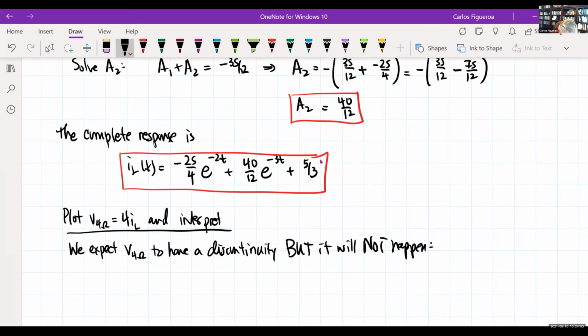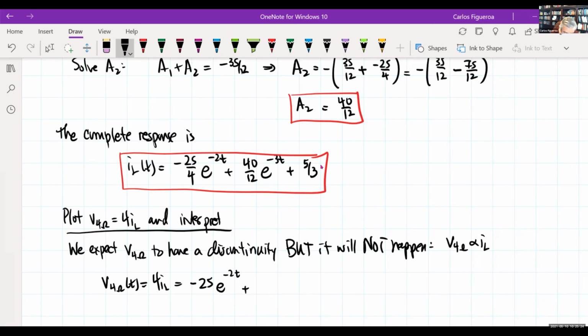And the reason why is that V4 ohm is proportional to IL, and we know that IL cannot have a discontinuity. So V4 ohm of t should be 4IL. If I multiply everything by 4 here, I should get minus 25 e to the minus 2t.